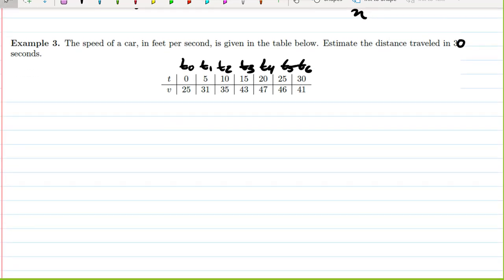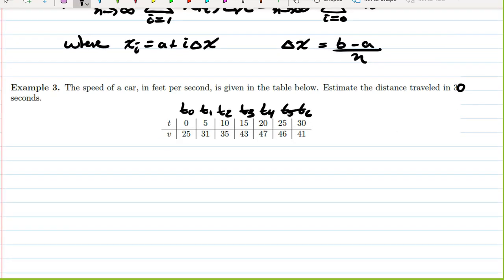If we want to estimate the distance traveled, what would be our delta t in this example? Well, our t is going up by 5 every time, so the width of each of our rectangles is going to be 5.